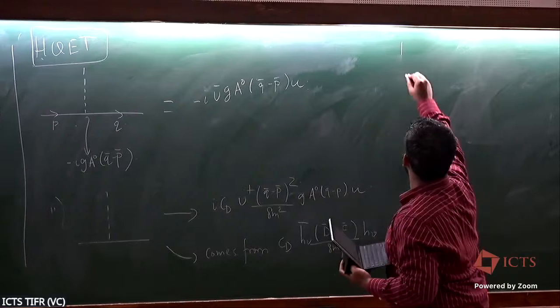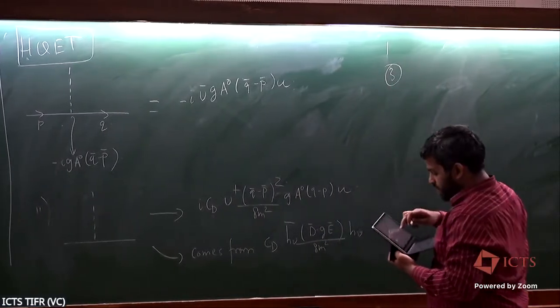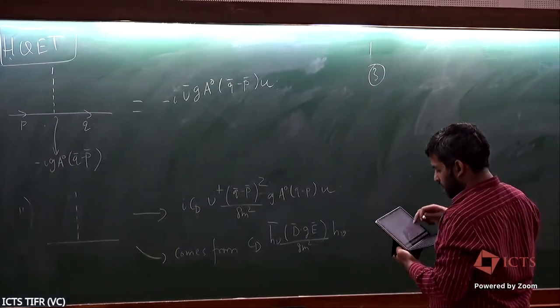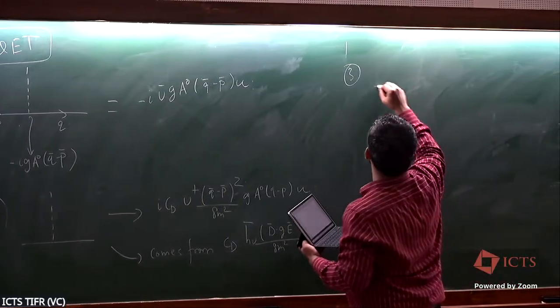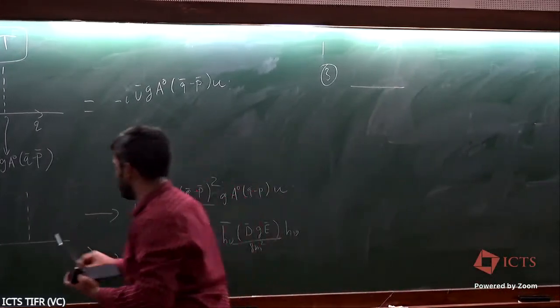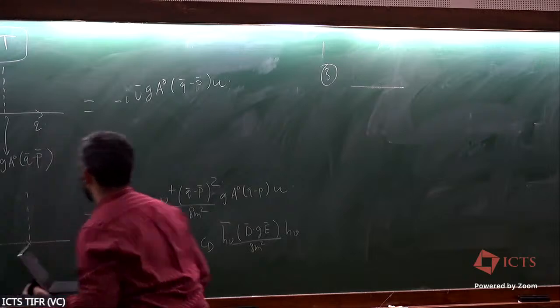And then there is a third diagram in HQET, which will basically be again, so let me mark it as cross.